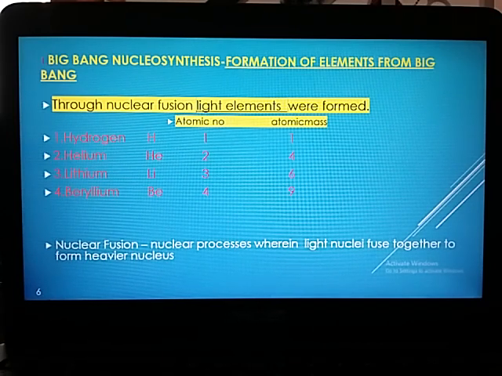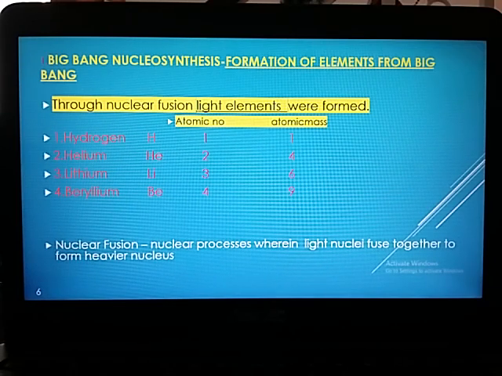So ano-ano ba yung mga na-form na elements? Na-form ang light elements na nakita natin sa periodic table. So, ano-ano ba yon? Ito yung hydrogen H, yung helium He, yung lithium Li, and yung beryllium Be.